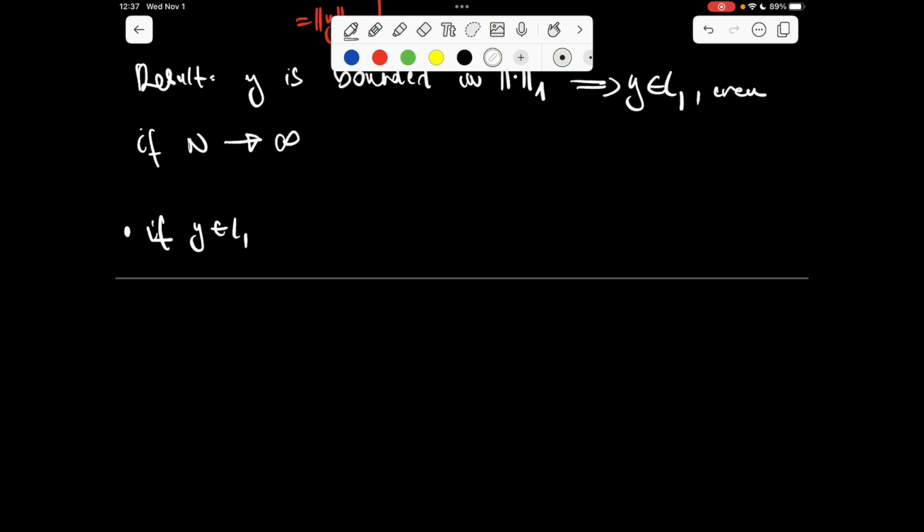Okay, we have this representation for the linear functional.